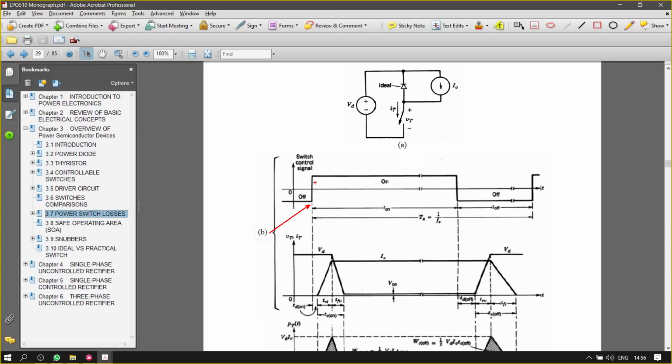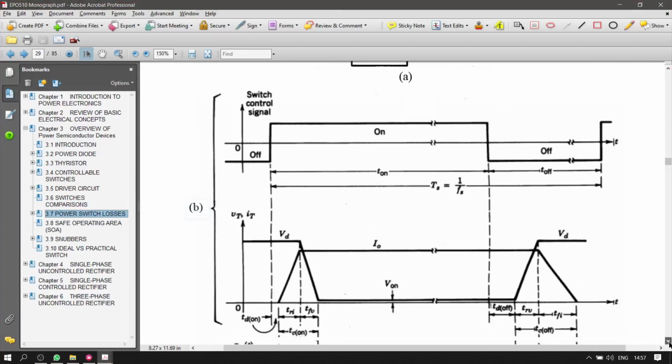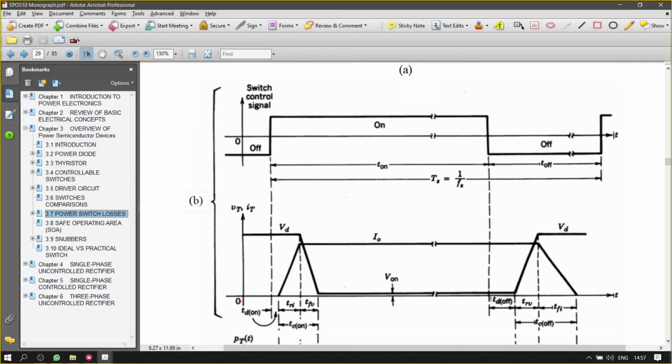But in practical, if you look closely, there is a delay time known as TD here. This is the delay time, TD. Even though you give the pulse or tell the switch to turn on at this particular point, it waits for quite a few milliseconds or microseconds before the device starts to turn on.